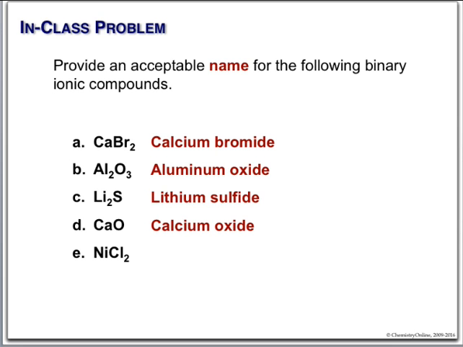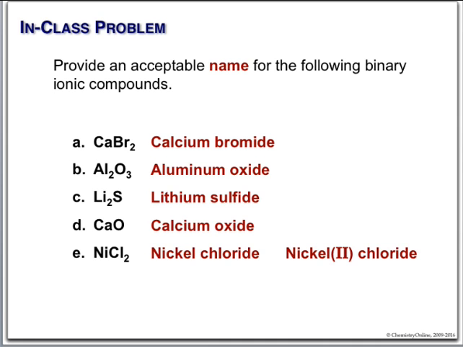Now this is an interesting one. This is nickel and chlorine. You look at the periodic table, find nickel. It's here in the middle. It's a transition metal. But still, we're going to name it more or less the same. We have nickel, we have chlorine, so it's going to be a nickel chloride. However, we will see in just a little bit that because nickel's a transition metal, knowing its charge is not always evident.